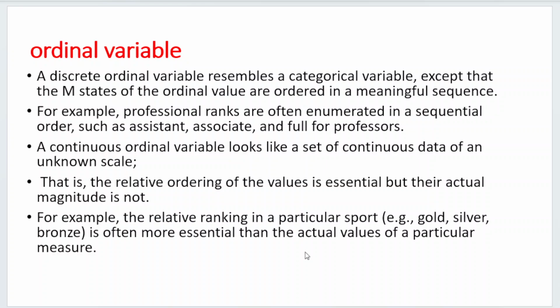If you take the faculty list, we will give the ranking like assistant professor, associate professor and professor. So we will give values like 0, 1, 2, 3. Those are called ordinal variables, given in some specific order. And a continuous ordinal variable looks like a set of continuous data of unknown scale.